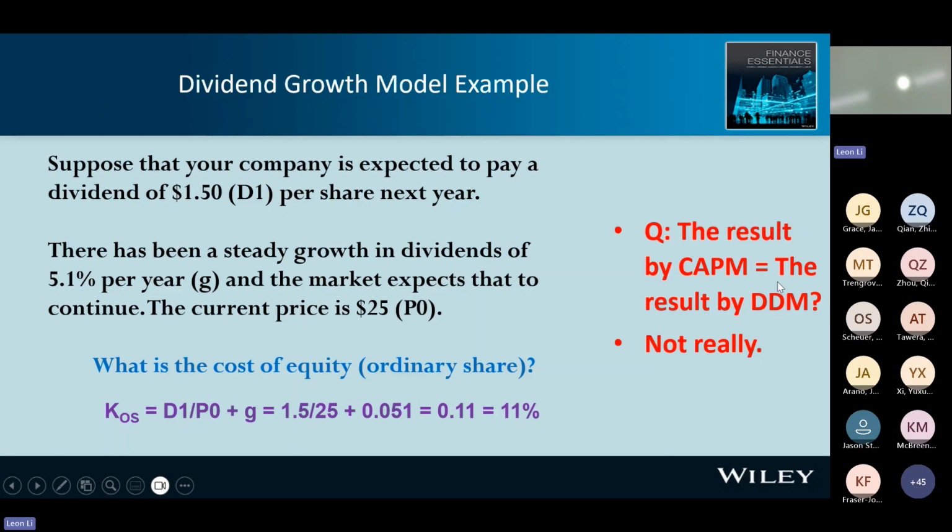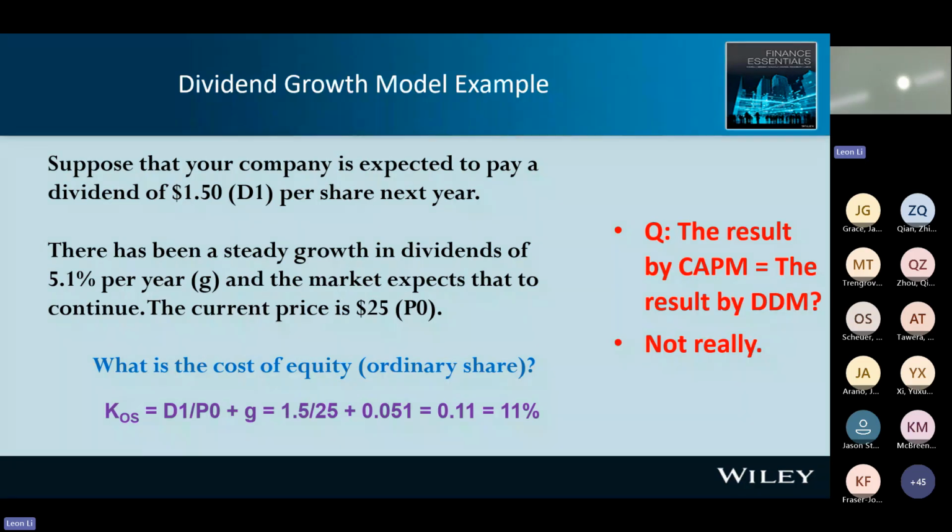So this is a small question for you. Will the result by CAPM be equal to the result by the dividend discounting model? No, not really. All right. So the 2 models might give you different results. So which model should you use?